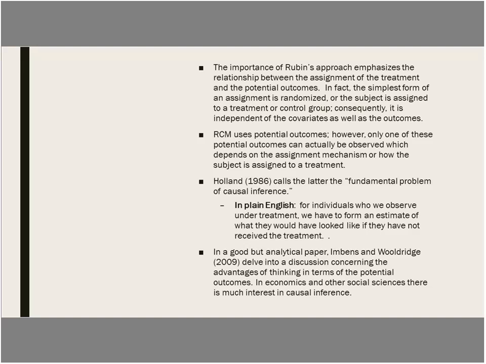The whole second bullet point is what Holland in 1986 refers to as the fundamental problem of causal inference. So what does that mean? In plain English, for individuals who we observe under treatment, we may have to form an estimate of what they would look like if they had not received the treatment. That lays the foundation for causal inference.